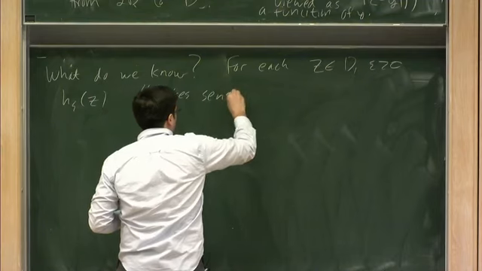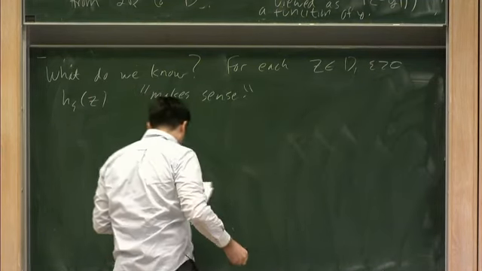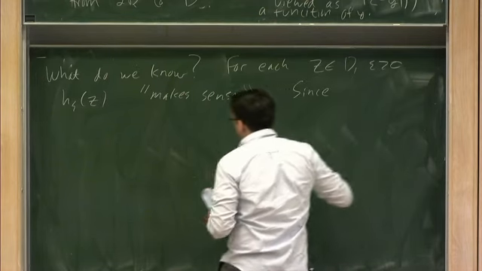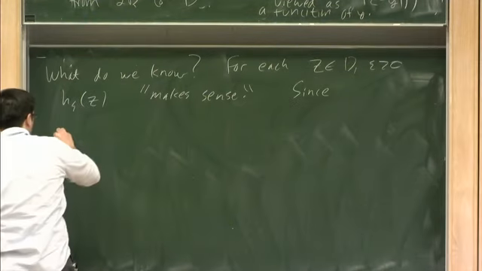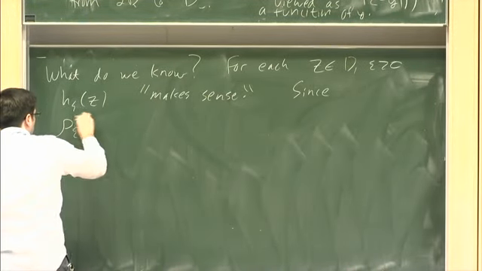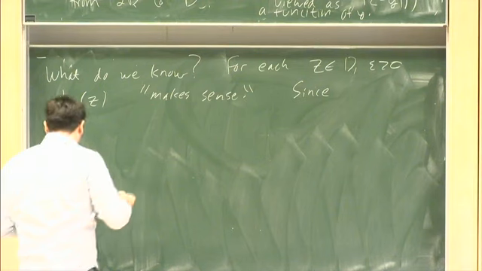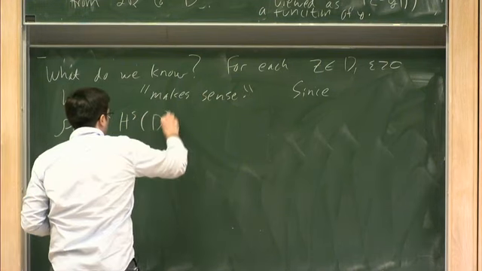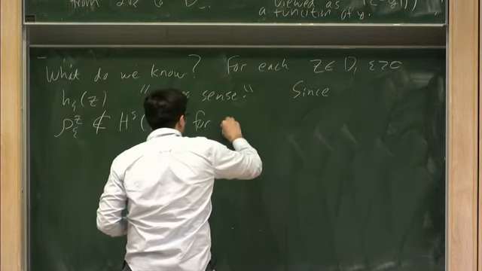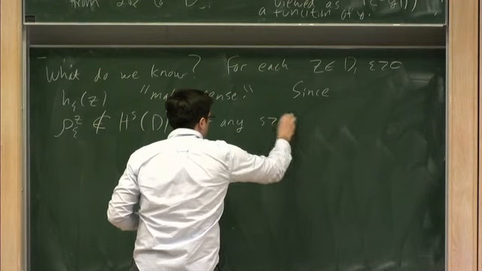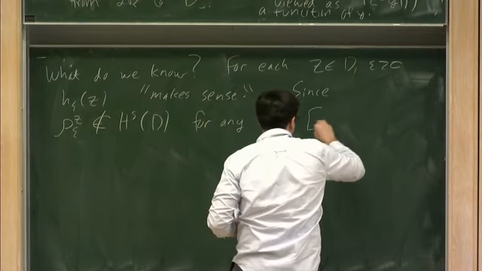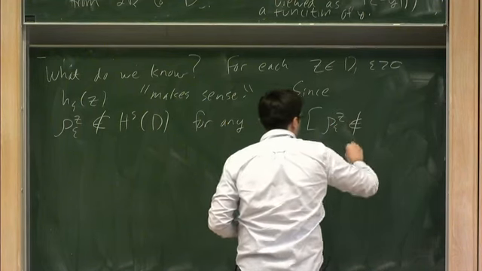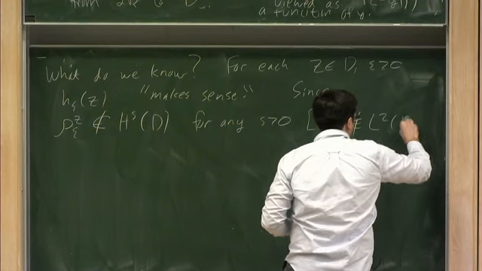We know how this is supposed to be defined. But the tricky thing here is that the uniform measure on the boundary of a ball of radius epsilon is not in h of s for any positive s, because it's in fact not even an L2 function.